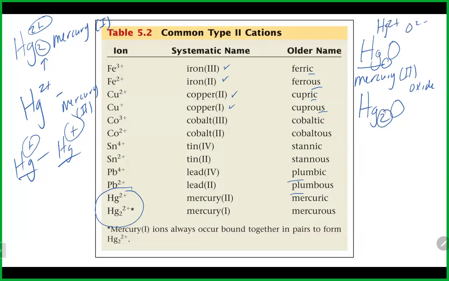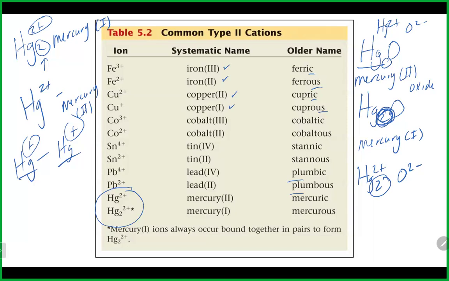Here you can see the 2 on the bottom hangs out, and this is actually mercury(I), Hg2 2+ and O2-. So like I said, that 2 on the bottom tends to hang out in the formulas, and that's a good way to know if you're dealing with the +1 or +2 version. And again, oddly, the one with all the 2's is the 1 version, while the one with the one 2 is the actual 2. Any questions on that one there?